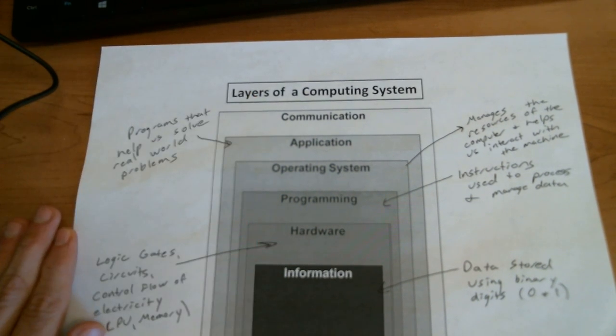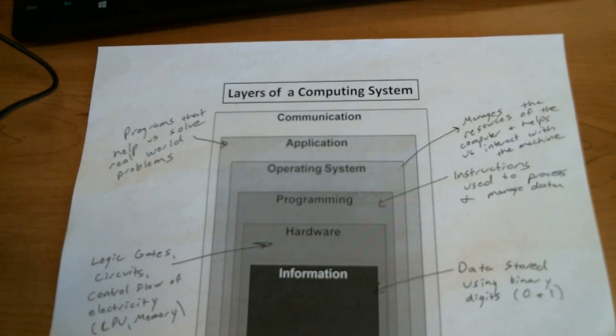And by problems, I don't mean like, oh, there's a problem, we've got to fix it, but like, Photoshop is at the application layer. It allows us the ability to manipulate photos and do all sorts of different animation type stuff. That's at the application layer. It's not like a problem, but it enables us to interact and complete tasks in the real world.